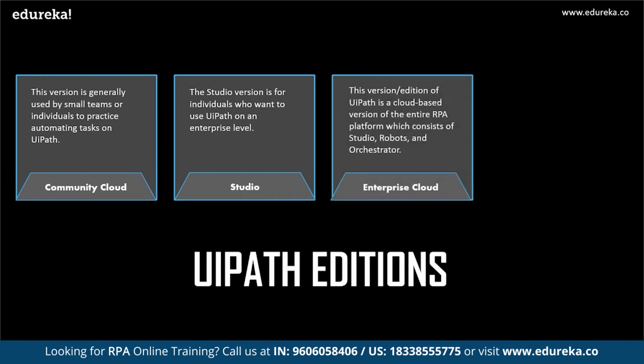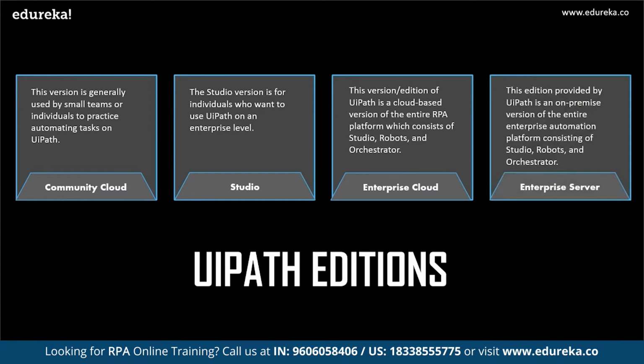After that, the Enterprise Cloud version is a cloud-based version of the entire RPA platform, which consists of the Studio, robots, and orchestrator. Finally, the Enterprise Server is an on-premise version of the entire enterprise automation platform, consisting again of the Studio, robot, and orchestrator. So guys, these were the various editions offered by UiPath.